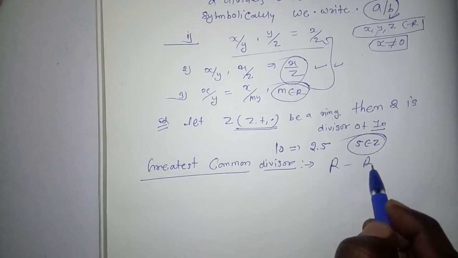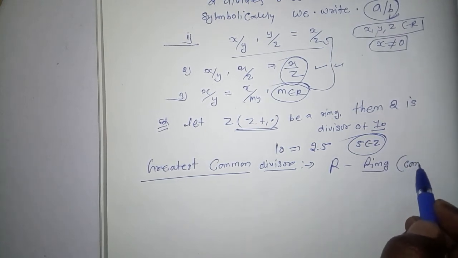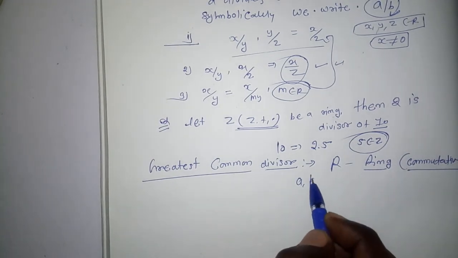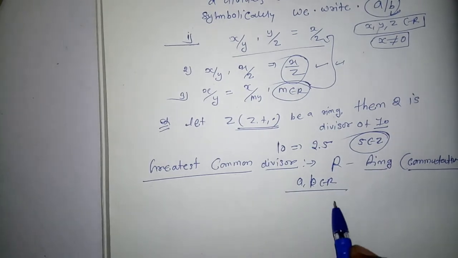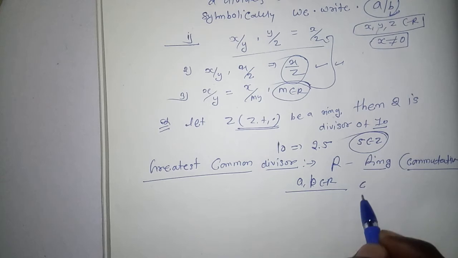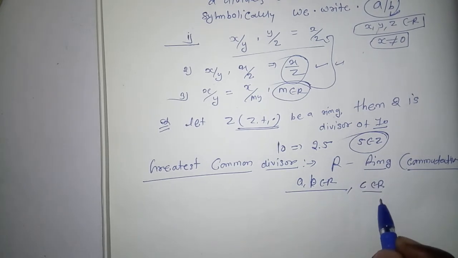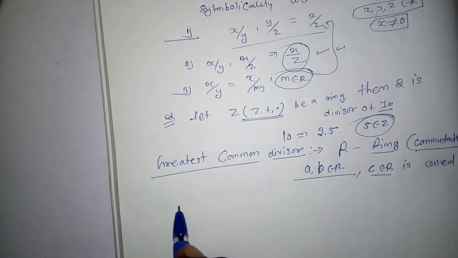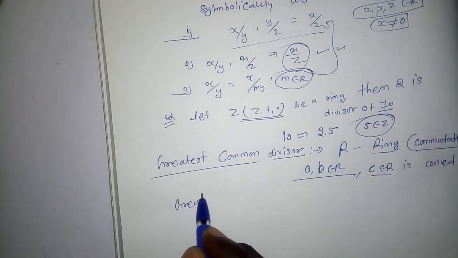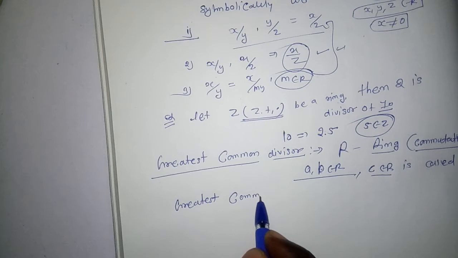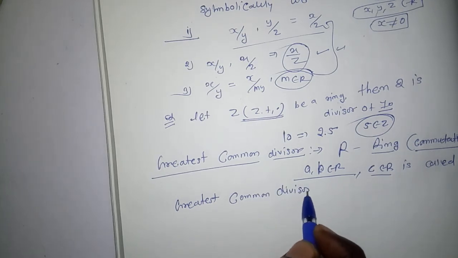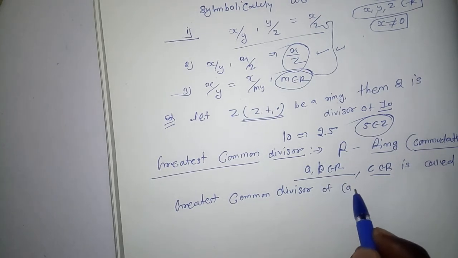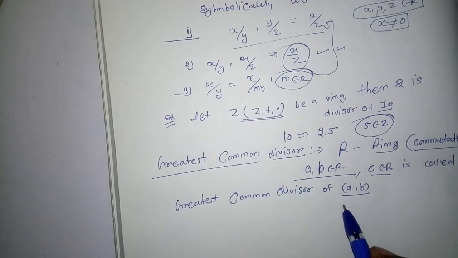Let R be a commutative ring, and A and B belong to R. Then an element C belonging to R is called the greatest common divisor of A and B.